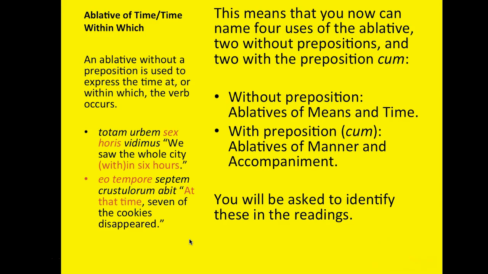The other 2 both occur with the preposition cum, or with, and those are ablatives of manner, that tell us in what fashion or in what manner the verb happens, oftentimes translated easily in English into an adverb with ly, and ablatives of accompaniment that tell us with whom the verb, or in whose company the verb is done.